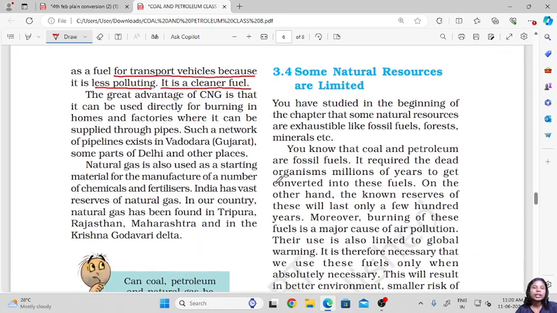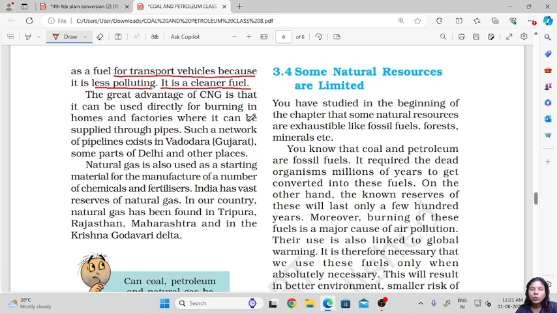Now the great advantage of CNG is that it can be used directly for burning in homes and factories where it can be supplied through pipes. Such a network of pipelines exists in Vadodara, some parts of Delhi and other places. So what they are saying is that because it is easy to transport, it can be used as a fuel for burning.